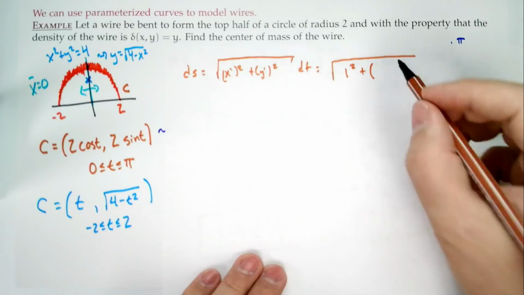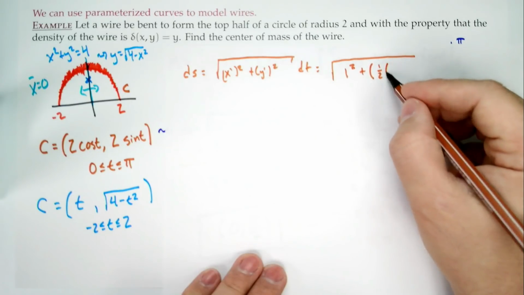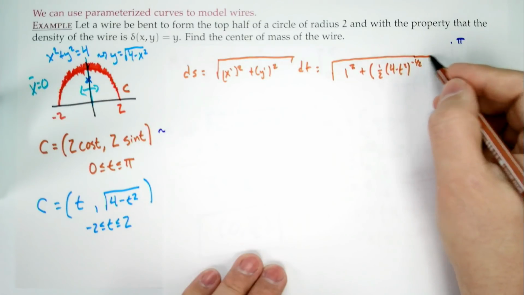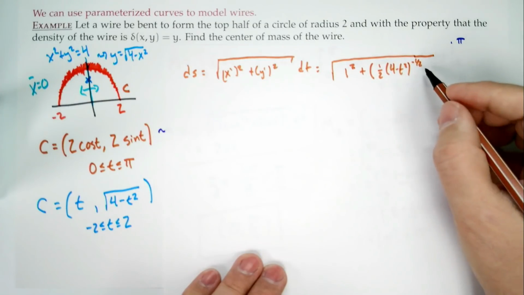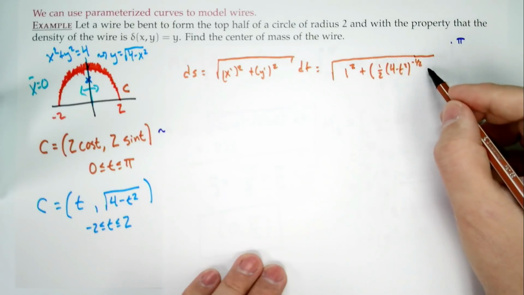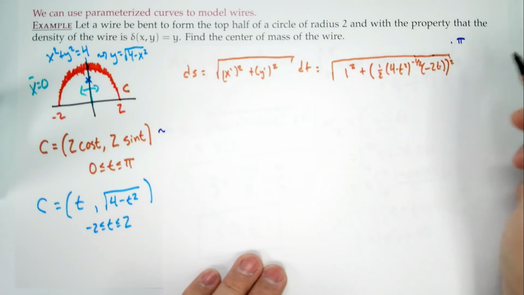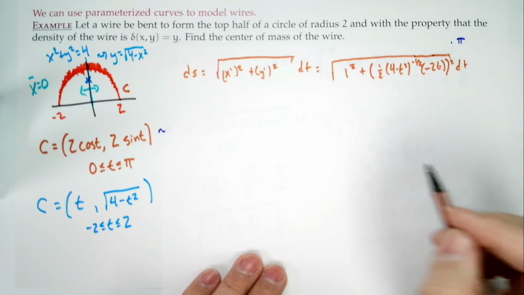That's a little bit more interesting. 1/2 (4 minus t squared) to the minus 1/2. Then we're going to multiply the inside by minus 2t. Chain rule. Now all that squared, dt.